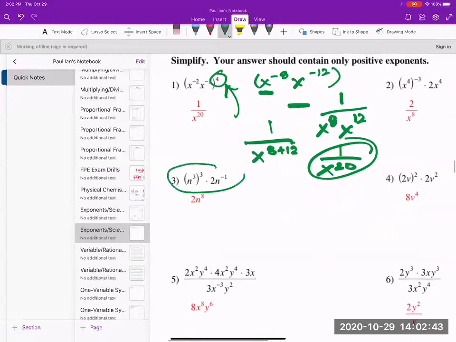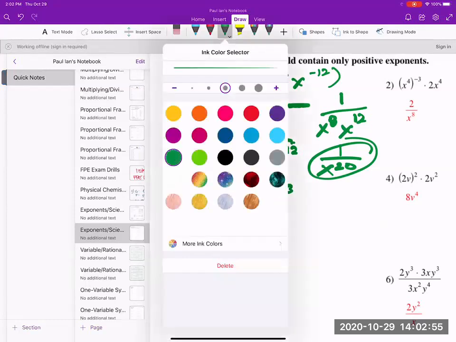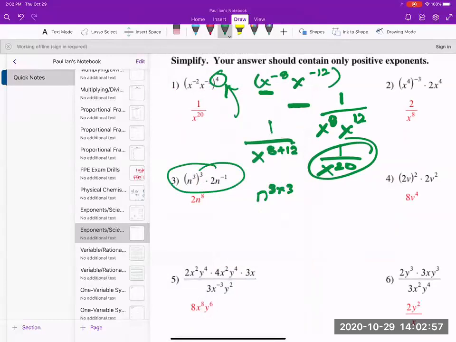What about this one? What do you do first? Multiply both of them. So the 3 with the 3, right? Yeah. So 3 times 3. This is a little too big, let me make this smaller. So 3 times 3 is going to give you n to the 9. And then you have this 2n to the negative 1.